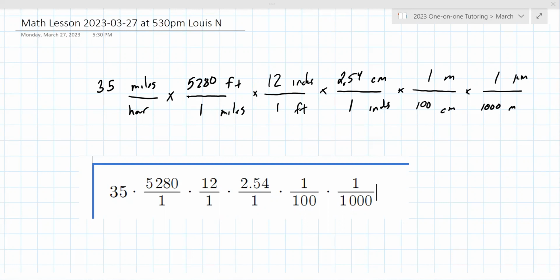Times 12 over 1. And then 2.54 over 1. And then 1 over 100, then 1 over 1,000. Do you have that? Let me know when you got that.